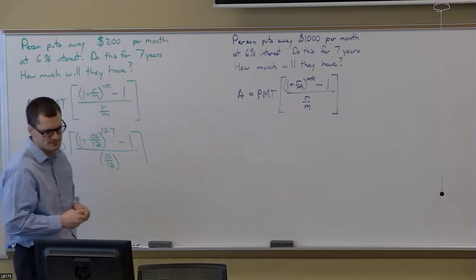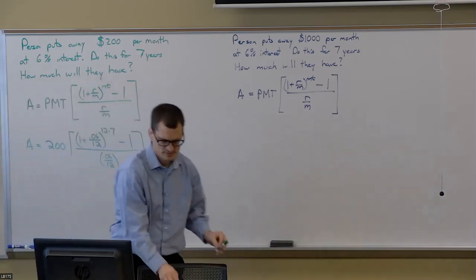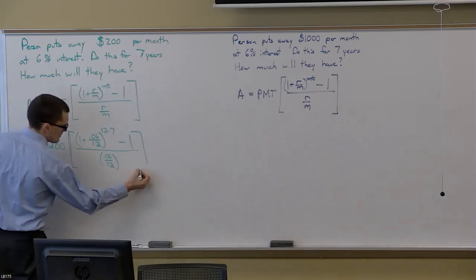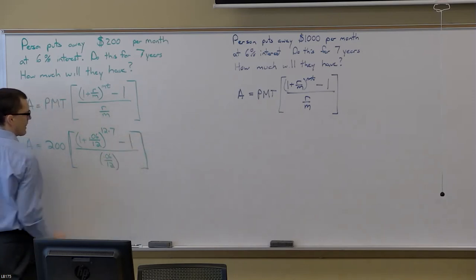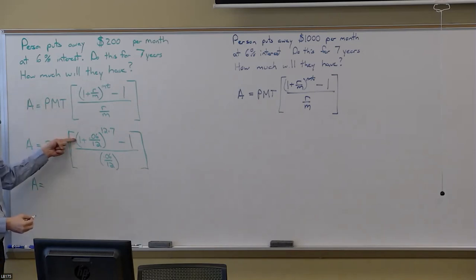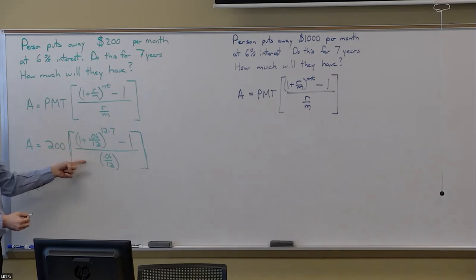All right. When I plugged all that in, again, I start here, then I divide in parentheses, and then I multiply by 200.